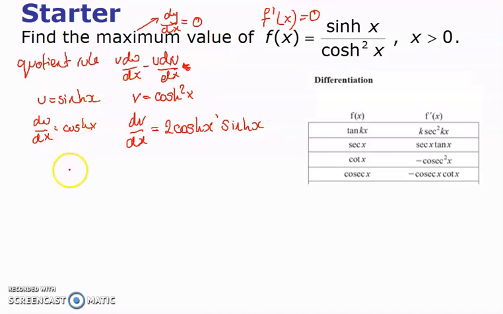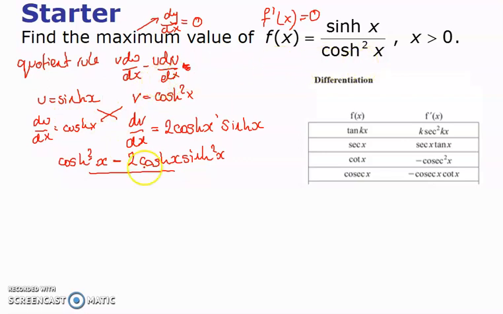So okay, let's do this then. If I multiply these together, the diagonals, you should remember that it's cosh squared times du by dx, cosh squared times cosh, oh actually it's cosh cubed x, minus, well it's this one times by each other, so 2 cosh x sinh squared x, all divided by the v.